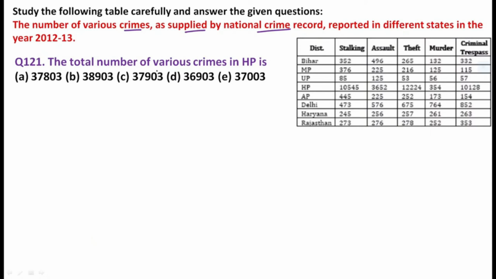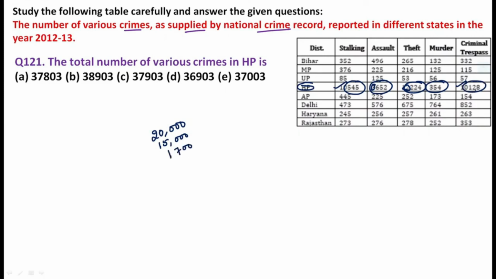Now the total number of various crimes in HP, Himachal Pradesh. Make it as fast. 10,000 plus 10,000 is equal to 20,000. Now we are left with the rest. Here 12,000, here 3,000. 12,000 plus 3,000 is equal to 15,000. Now we have 500 plus 600 is 1100. 1100 plus 200 is equal to 1300. 1300 plus 300 is equal to 1600. 1600 plus 100 is equal to 1700.